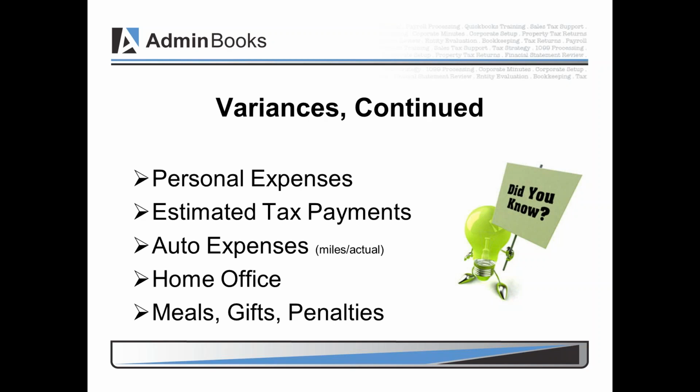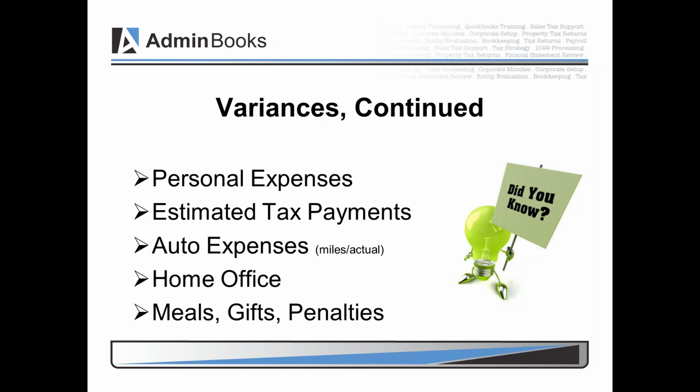So just be aware that the net ordinary income number for auto is going to be a little fluctuating, because you might have a higher deduction for your auto miles than you do for your actuals, or quite the opposite.